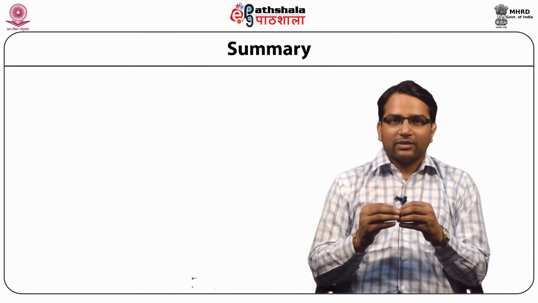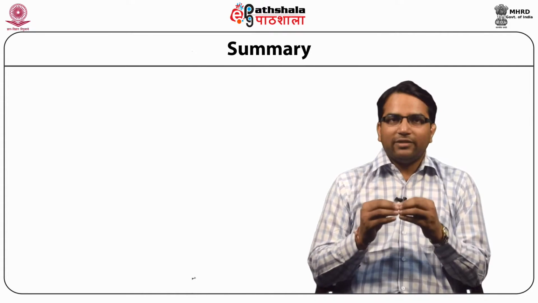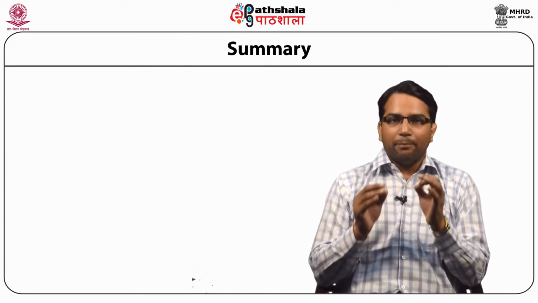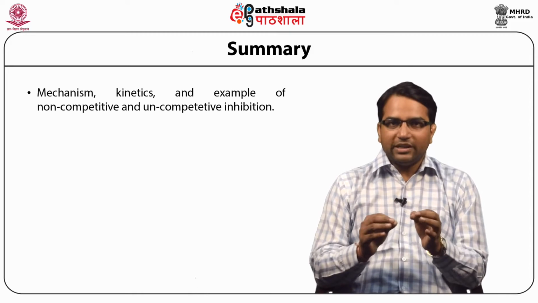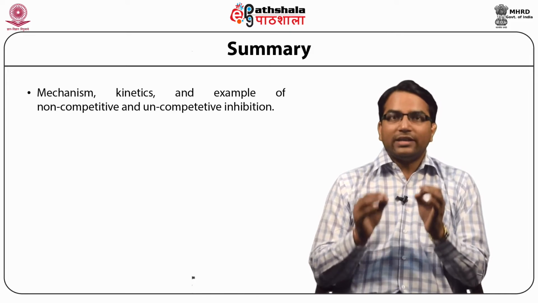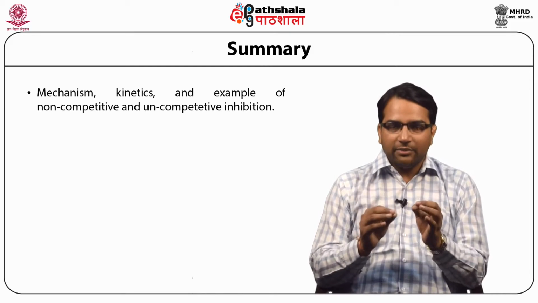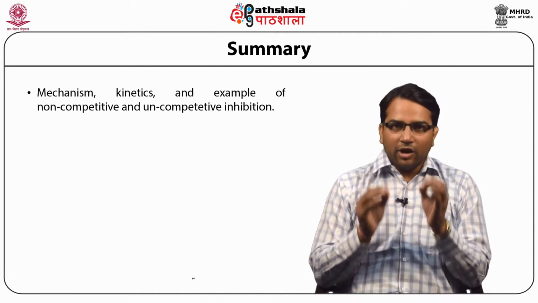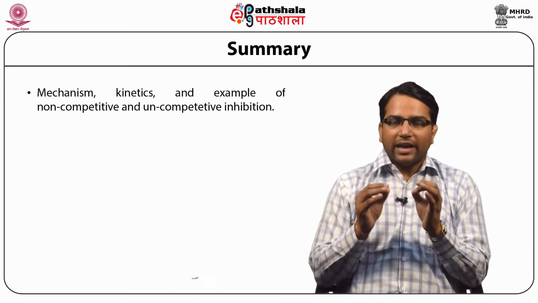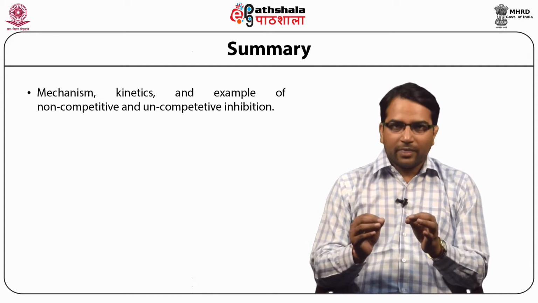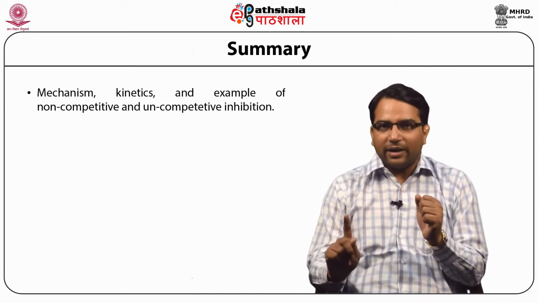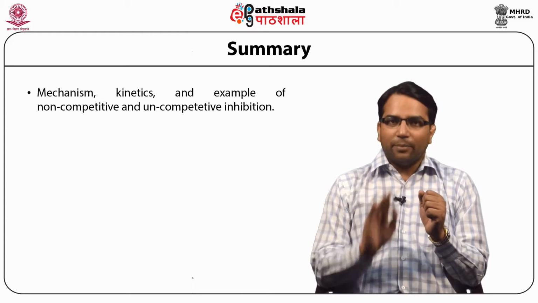So students, let's summarize what we have discussed in this module. In the present module, we have discussed the mechanism of non-competitive inhibition and uncompetitive inhibition, and also the difference between them. We have discussed that a non-competitive inhibitor can bind to free enzyme and to the ES complex, but an uncompetitive inhibitor always binds to the ES complex.